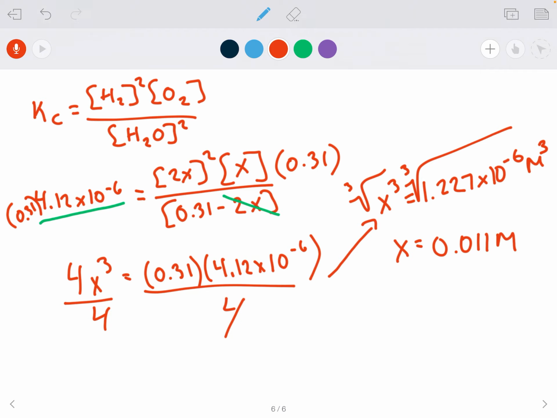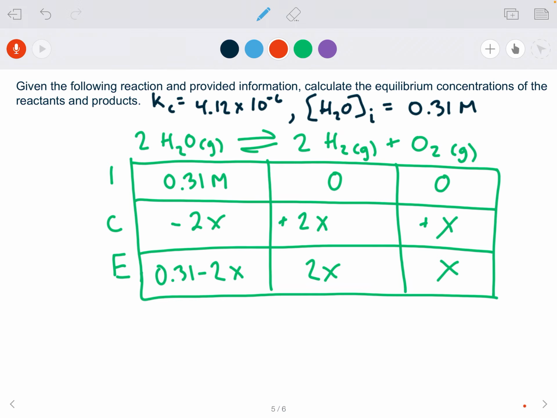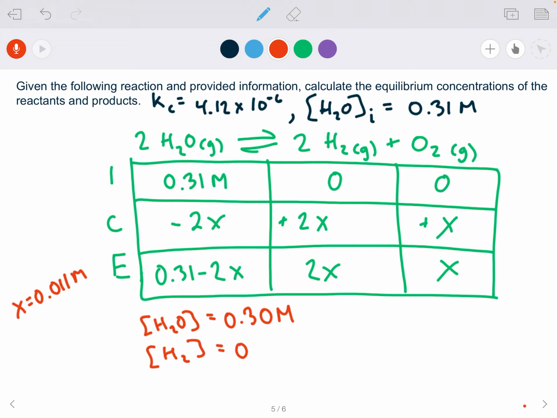So, if I go back to this page, x equals 0.011 molar. At equilibrium, the concentration of H2O is 0.30 molar, concentration of H2 is 0.022 molar, and the concentration of O2 is 0.011 molar.